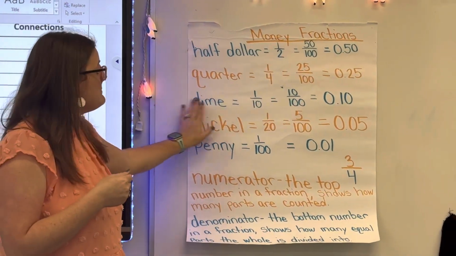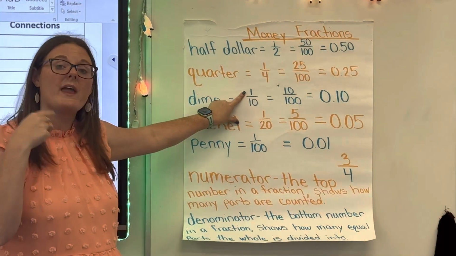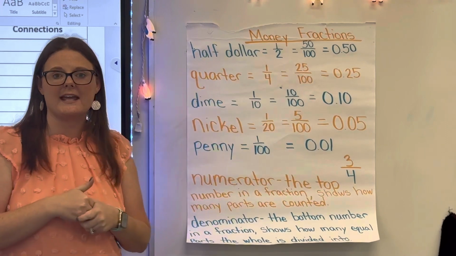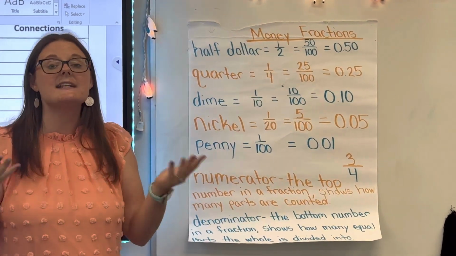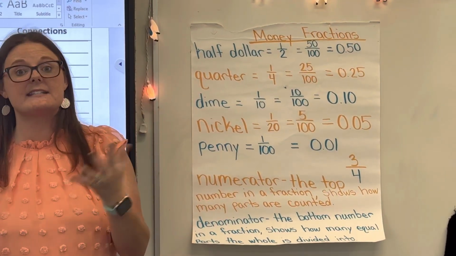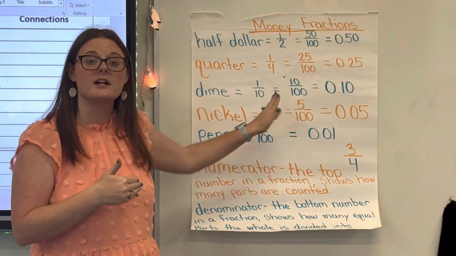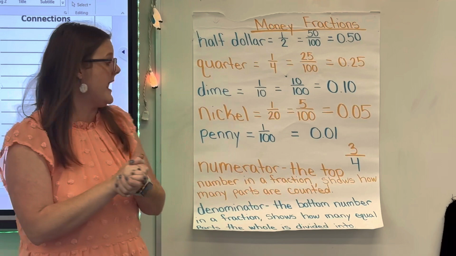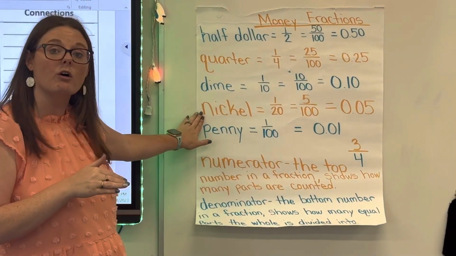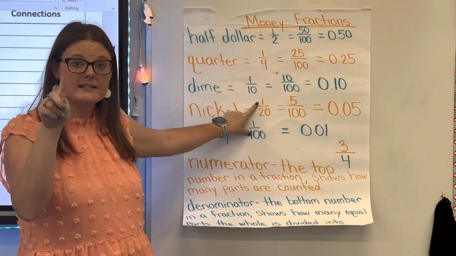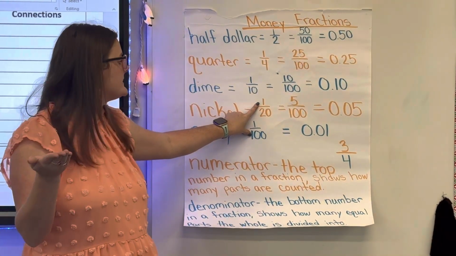We've got a dime. If we have one dime, we have 10 cents. How many of those dimes does it take us to make a whole dollar? It takes 10 to make a whole dollar. So 1/10 and 10 hundredths are equivalent. They are the same. A nickel, that's worth 5 cents. If we have one nickel, we have 5 cents.